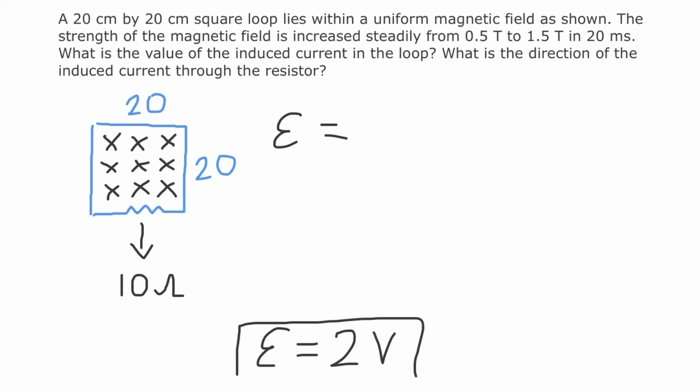EMF will be equal to I times R, or we can write this as I, our induced current, is equal to EMF divided by R.